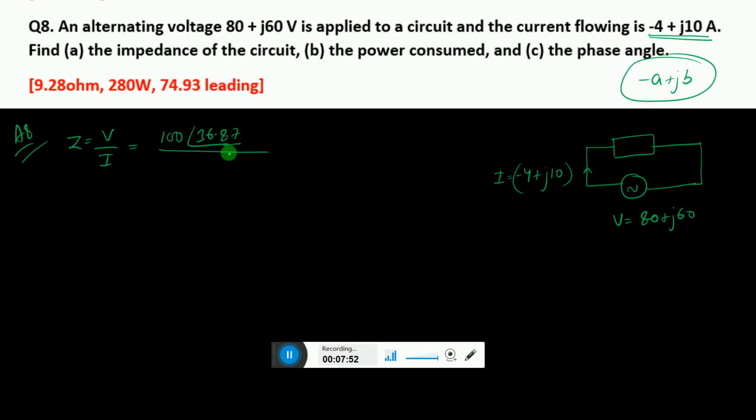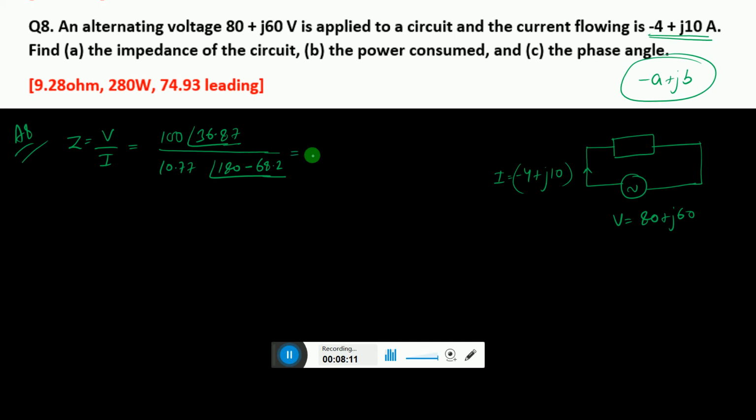Divided by the current, root over of 4 square plus 10 square, that is 10.77, tan inverse of 10 divided by minus 4, that is 180 minus 68.2.